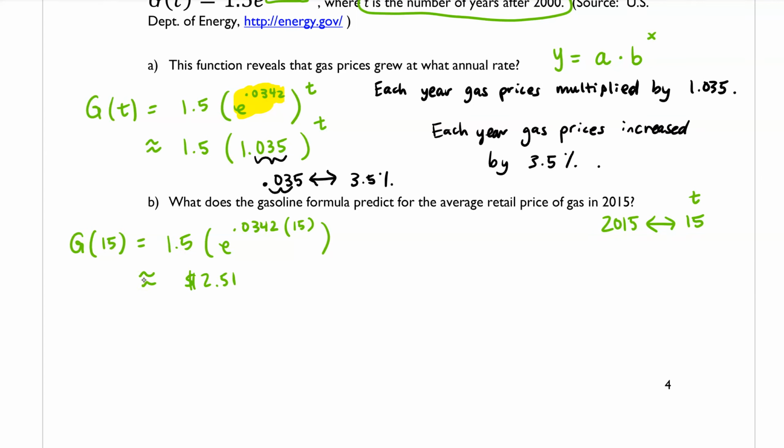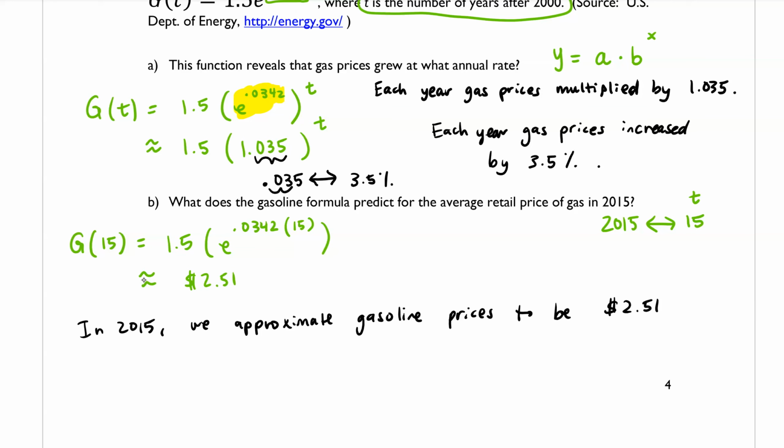So we'd also want to write a sentence here, and we'd say, in 2015, we approximate gasoline prices to be $2.51 per gallon.